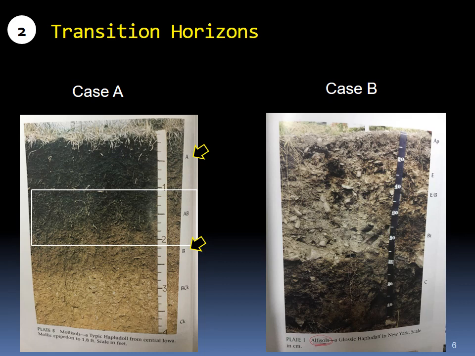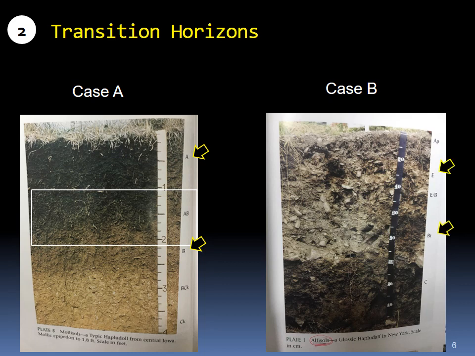There is a layer that has the properties of both A horizon and B horizon. It's not exactly A and not exactly B, but it has a kind of mixing, and it exists between these two horizons. We call it a transition horizon between A and B, as in this case.